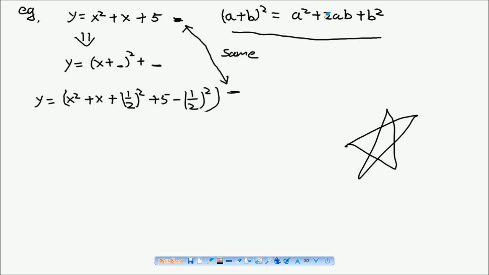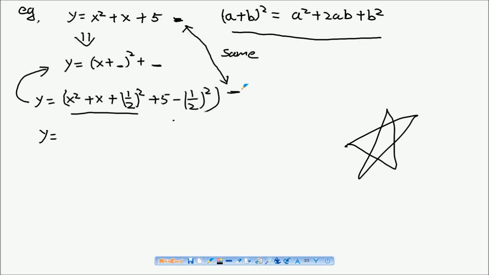backwards: a square plus 2ab plus b square to transform this graph to this form. So the idea is I just look at this part and that part.